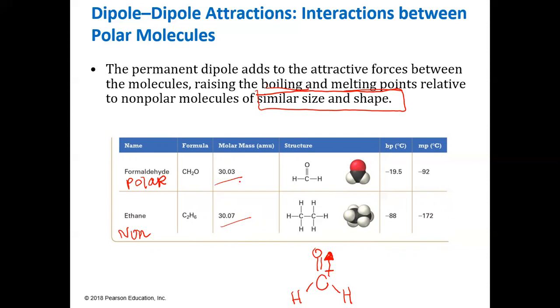Well, you can expect the boiling point and melting point to be higher for the polar molecule, and it is. It's less negative, so it's higher than what you see for ethane. They could have given us something better to look at instead of these negative numbers. But anyway, this is indeed higher than that.